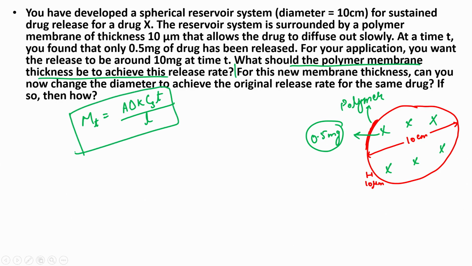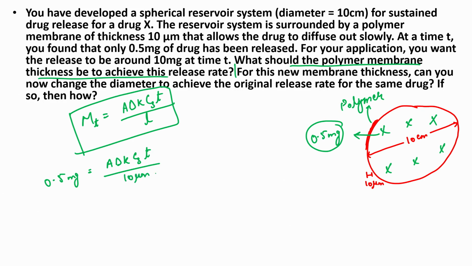So, now in this case if we substitute this, we are saying that 0.5 milligram. We do not know a lot of these values, but that is okay, we will let them be, at time t, and we know this thickness to be 10 micron.